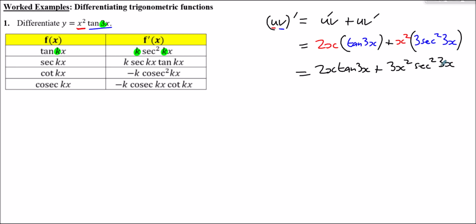If the examiner wants you to factorise, they'd normally say, you could factorise out an x, of course, but if in doubt, this is absolutely fine. Unless the examiner asks you to factorise, don't feel like you need to do an extra step. The derivative of x squared tan 3x is therefore 2x tan 3x plus 3x squared sec squared 3x by using the product rule.